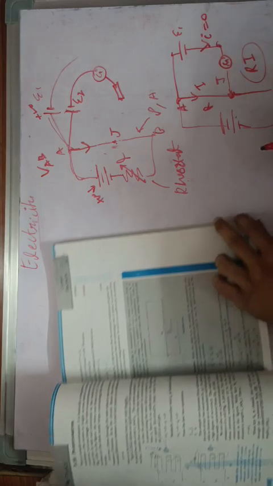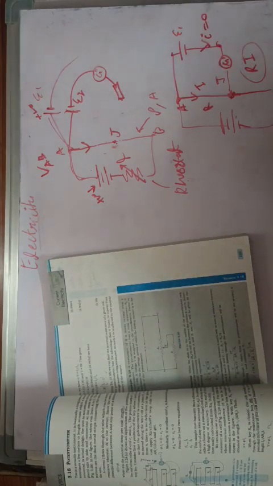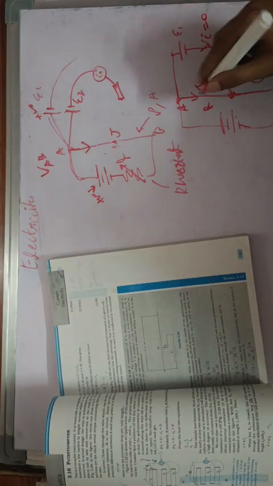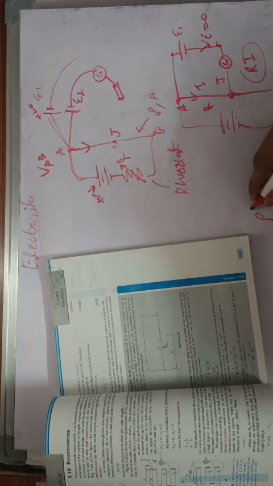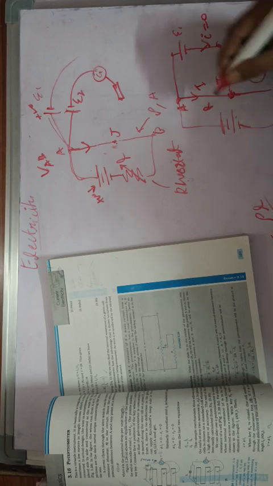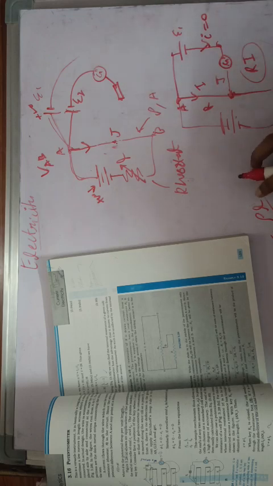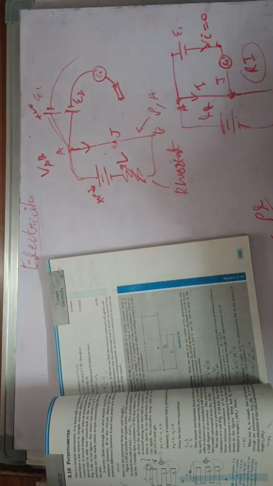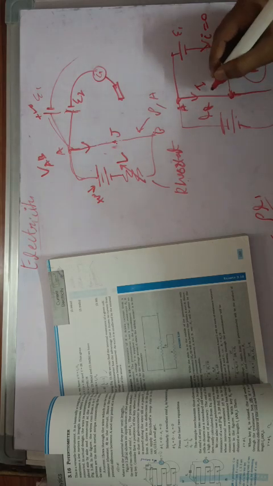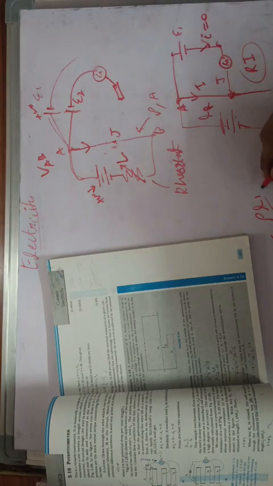And let's say, since resistivity is given, area is given, we can say the resistance of this wire is simply rho L by A, where L is the length. Sorry, let's say this whole length is capital N and this small length is L. So for this E1 EMF case, let's say the length found from A to J is L1.